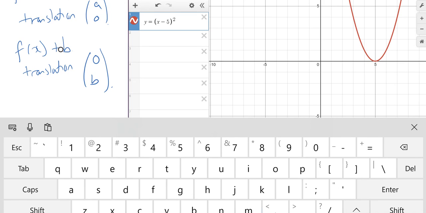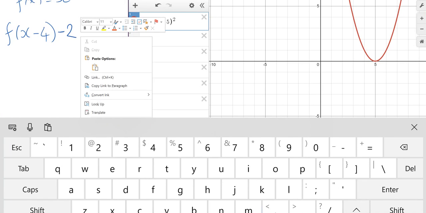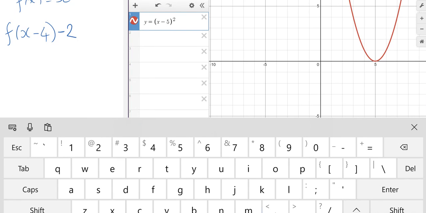Now, in the next final example, why don't we try and do 2 things at the same time? So this time, if we again define our f of x to be x squared, what would happen if we did f of x minus 4, minus 2? Can you think where, if our original x squared graph, let me just put it back to being an x squared, okay, and there it is, right?